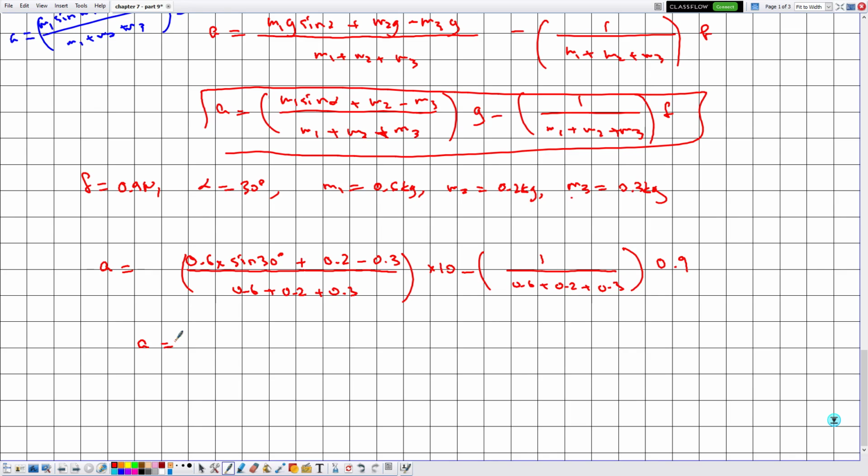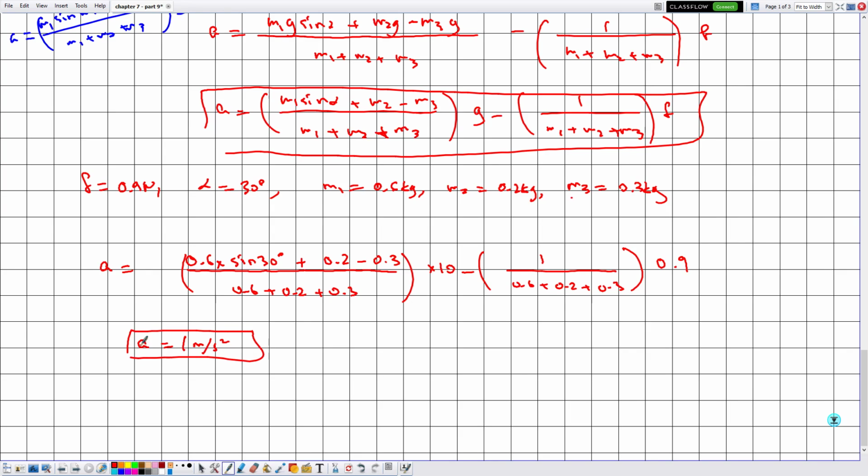Now let me plug these complicated fractions into the calculator to obtain the numerical value of A. Then the acceleration simply is given by 1 meter per second squared.